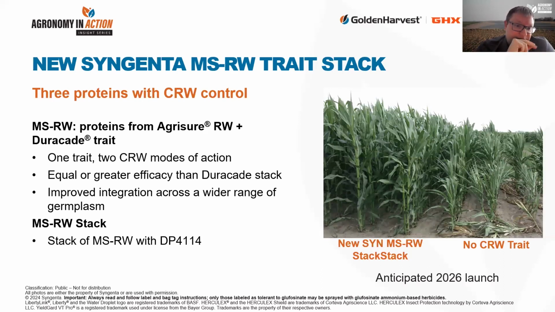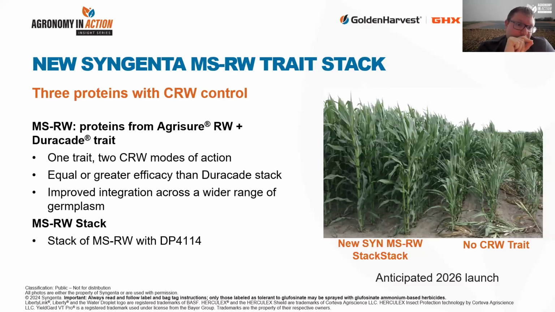What that means is, in the case of Agrosure rootworm and Duracade, we've taken the events, the proteins, the genes that create the proteins for those two traits, and we created one single new trait out of them. This is very similar to what Corteva did when they combined the Herculex 1 and the Herculex rootworm traits into the Chrome event, what I referenced as DP4114 on the last slide.